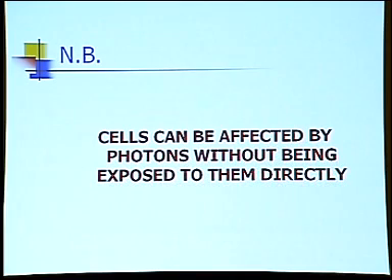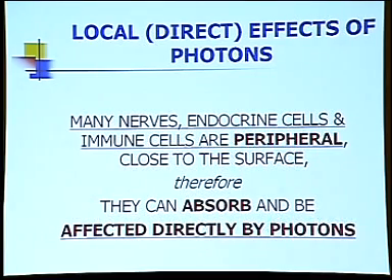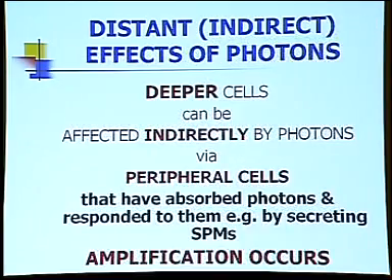So, another take-home message. Cells can be affected by photons without being exposed to them directly. Provided you treat the body with the problem, you can get the problem resolved. So, direct effects that I've told you about already, and then there are indirect effects, deeper cells. They could be immune cells, or they could be cells in an area of damage, remote from where you irradiate.